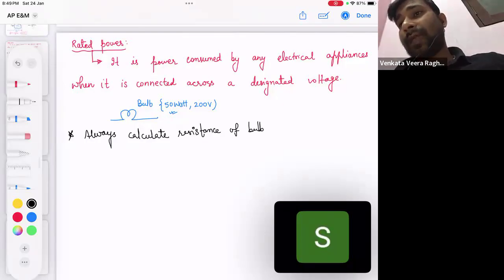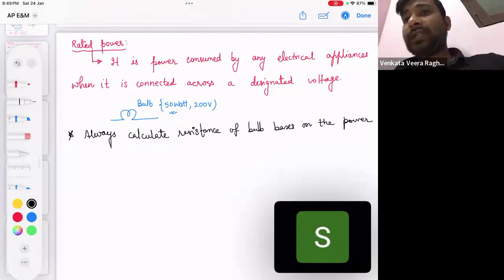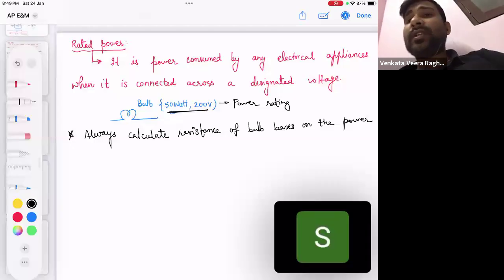Resistance of the bulb based on the power rating. What is the power rating? This is what I have written now, 50 watt, 200 volt. This is called the power rating. So based on this power rating, always calculate the resistance of the bulb.